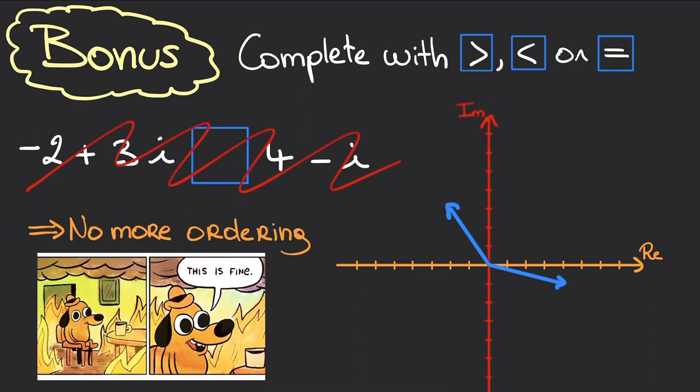So far, you could always tell that one number is greater than another. Here, in the world of complex numbers, you can no longer do that. So I don't know if it's good news or bad news. Maybe it's less work, so it's good news. But it's finished for ordering numbers with the complex numbers.